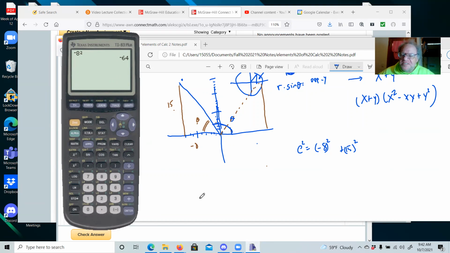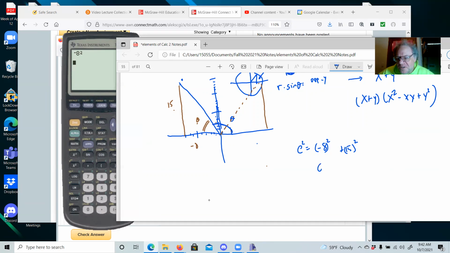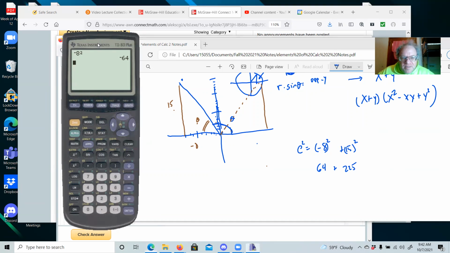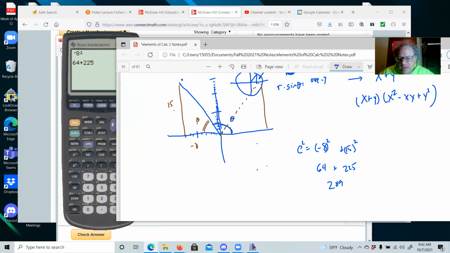You know that this is positive 64. So don't blindly believe your calculator, because it's going to lie to you about this. And then 15 squared, that's 225. So we have 64 plus 225, that is equal to 289. And I believe the square root of that is 17. Oops, equals 289. Sorry.